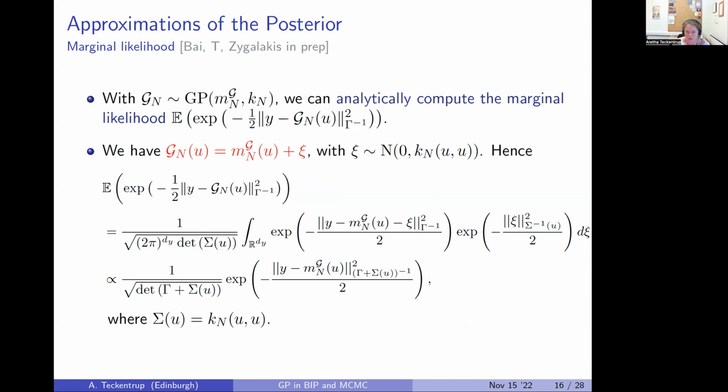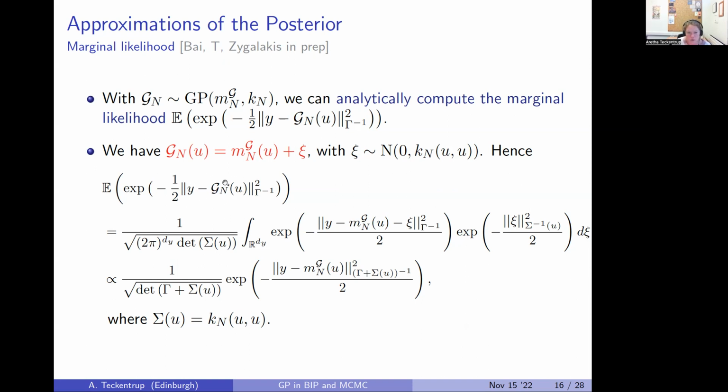This is just the standard decomposition of a random variable into its mean plus the standard deviation part. We've just separated out the mean, and so the psi is then just mean 0, and then the same variance Kn.